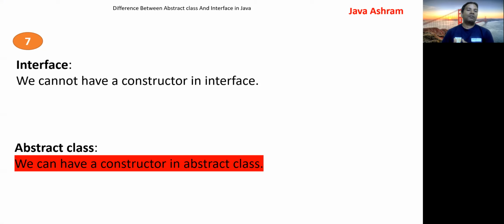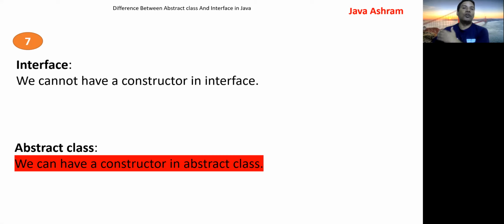And what is the reason? You cannot create the object of an abstract class either, so why does Java allow us to create a constructor inside it? Because for whatever methods and variables you have written inside the abstract class, you can initialize them in the constructor, and through the child class this constructor will get executed and the variables will get initialized.